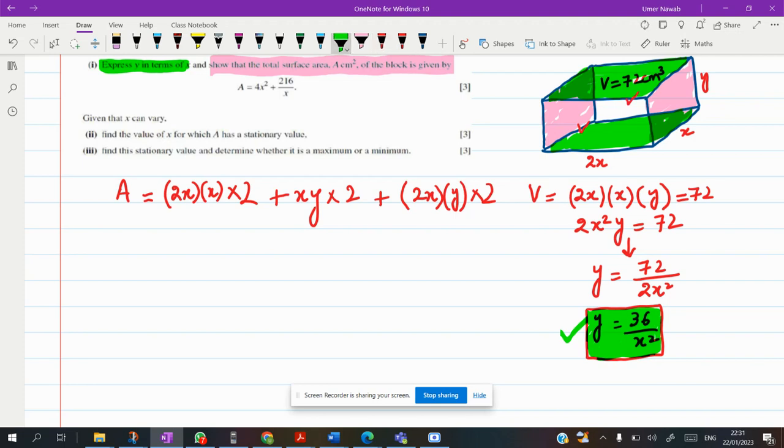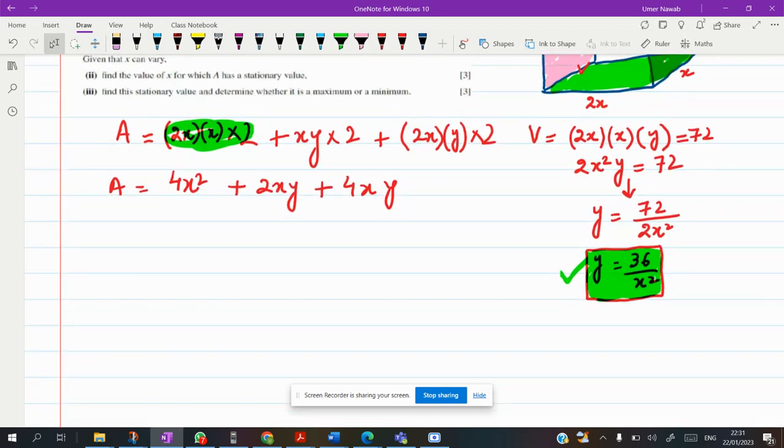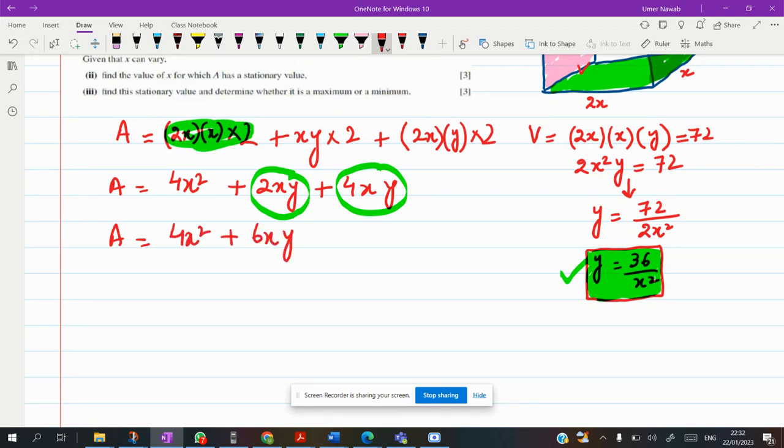Let's simplify. When I simplify this expression, it gives me area is equals to 4x squared, and this is 2xy, and this is 4xy. Now both of them should be simplified furthermore. I get A is equals to 4x squared plus 6xy.